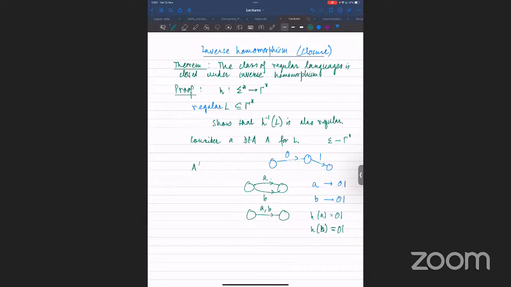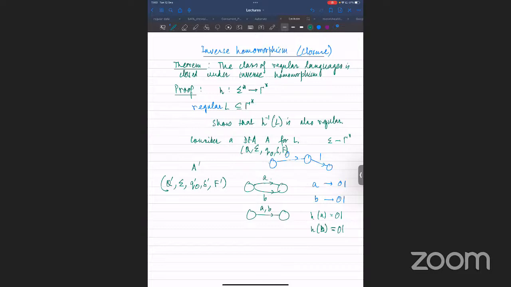So suppose you have A prime: Q prime, sigma, Q0, delta prime, F prime. Correct? And you had A, which is Q, sigma, Q0, delta, F. Or I can write it Q0 prime here also. And you can construct these things, right?